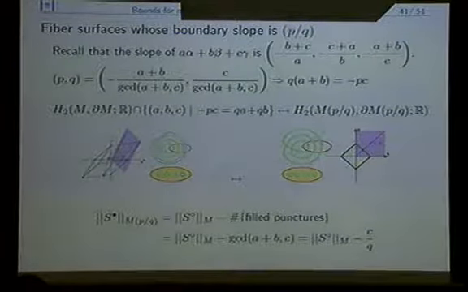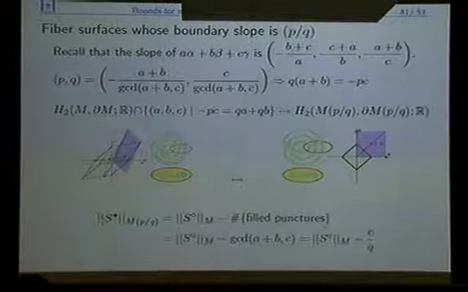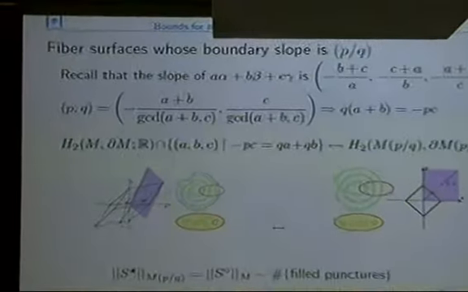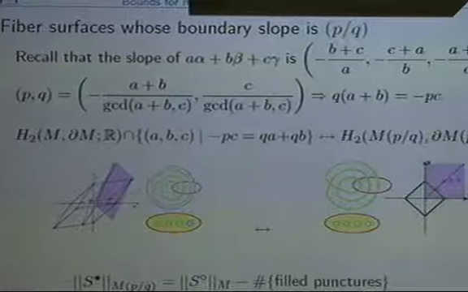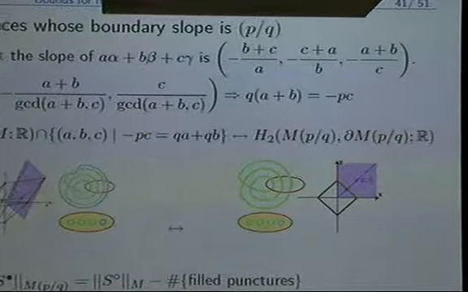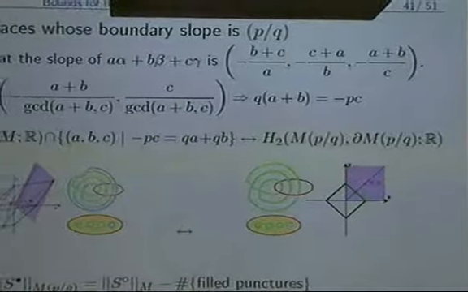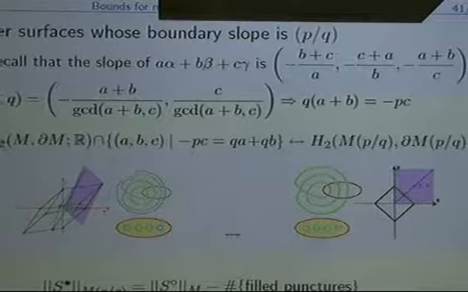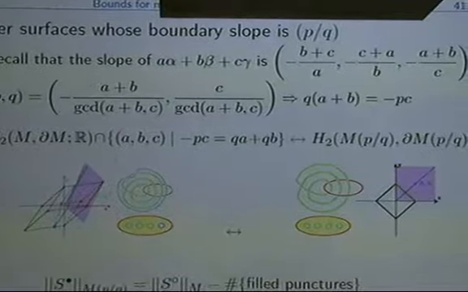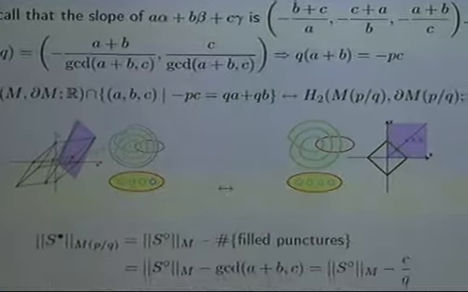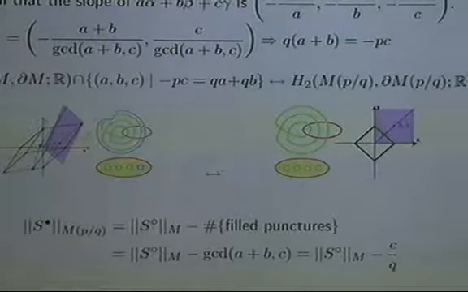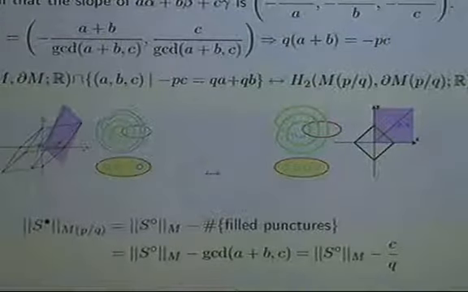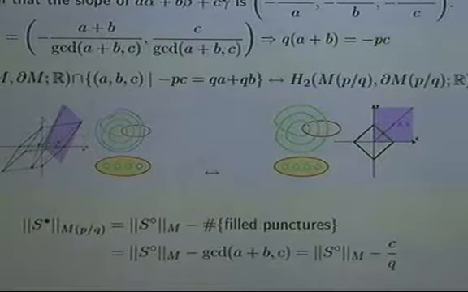And so the second homology of the Dehn filling corresponds to the linear slice of the original Thurston polytope. And also we can compute the Thurston norm of here using the Thurston norm of here.